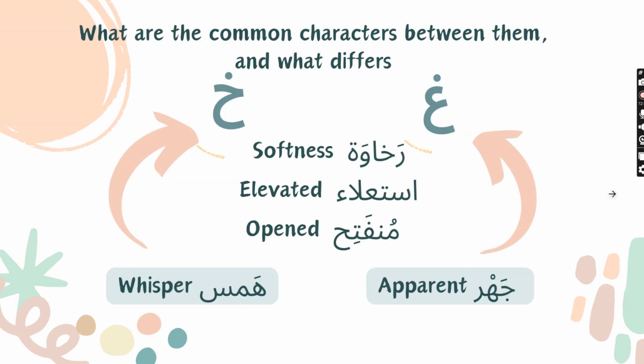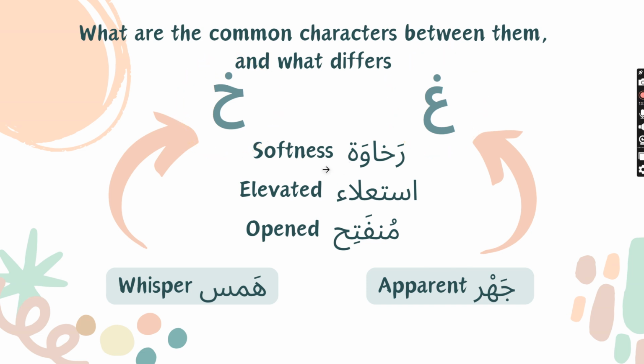Let's have a look at the characters. So what are the common characters between them and what differs between them? Both of them have rakhawa. Both of them, the sound runs.